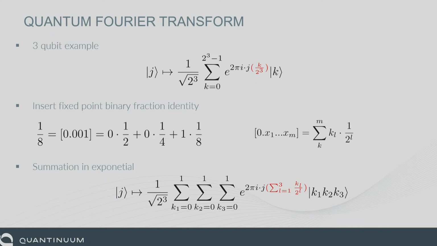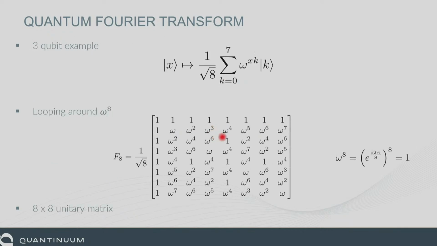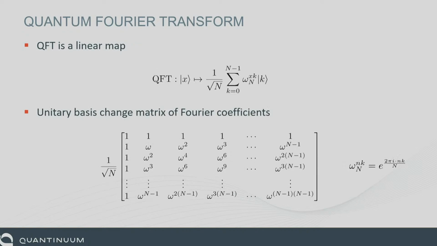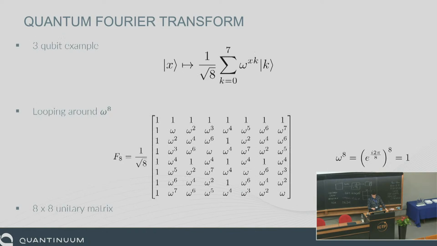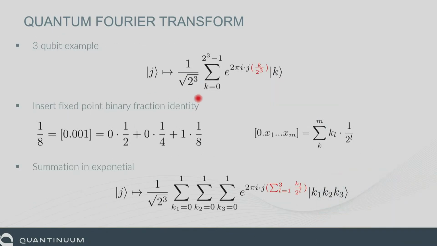In the 3-qubit case, n is 2 to the power of 3, which is 8-dimensional, so n equals 8. I realize I've changed the indexing, so I apologize, but you can see it's basically over n here, and we put it in the form 2 to the power of 3.